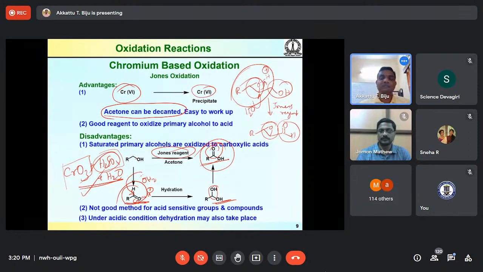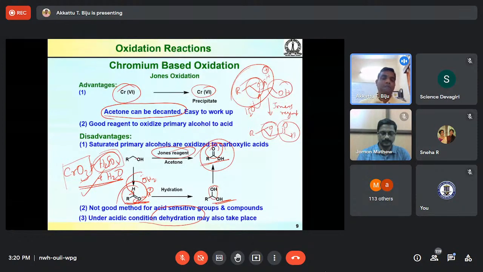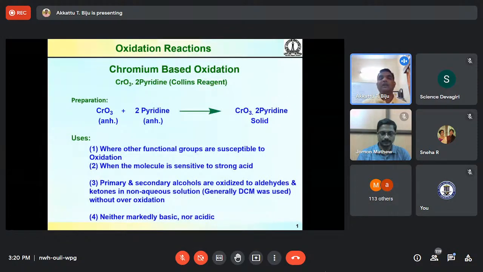And the third one is, if you have some groups such as hydroxy functionality in the molecule under acidic condition, you can also think about the dehydration reaction to install a carbon-carbon double bond in the molecule. So there are some disadvantages of using this Jones oxidation.